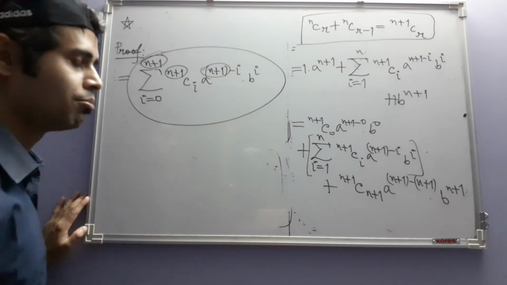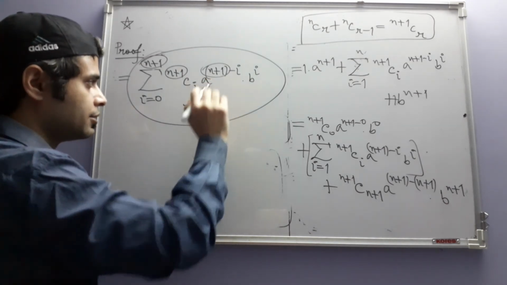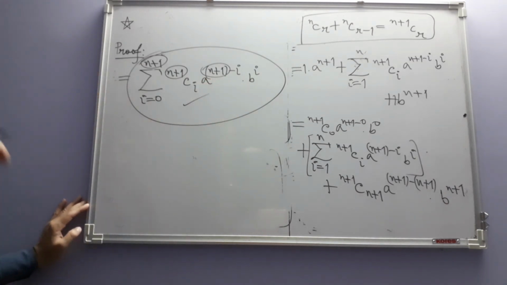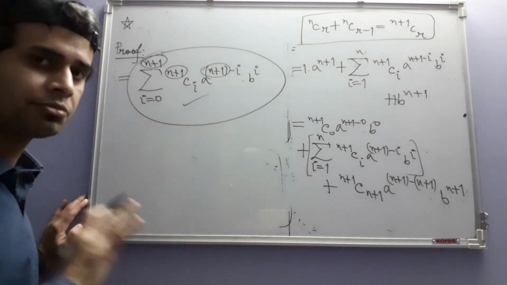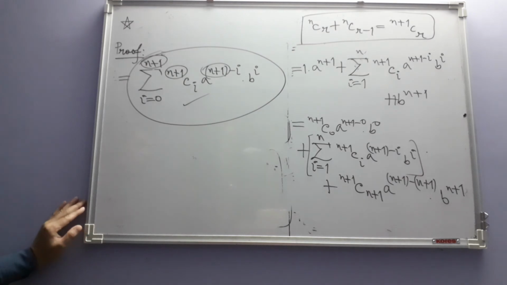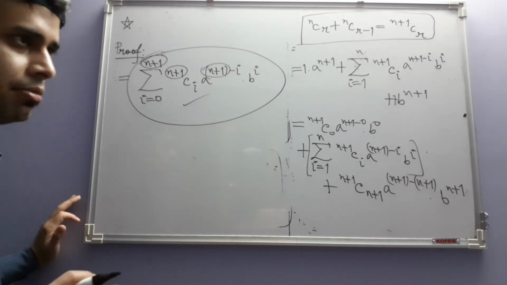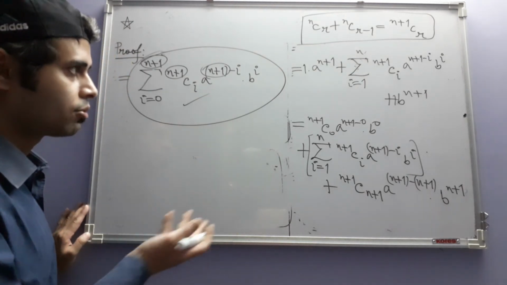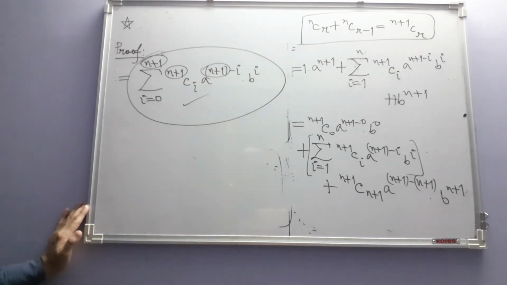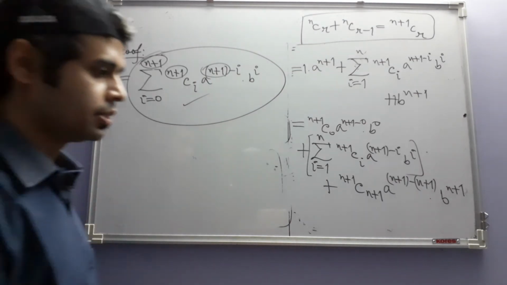So this is the binomial theorem, and although we have stated it only for real numbers, the theorem is true for much more general systems. We will come across them. You can think of complex numbers in place of real numbers, but those things will come in future.